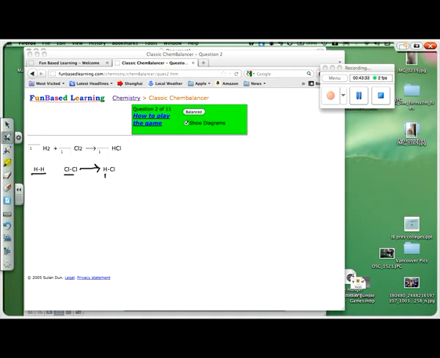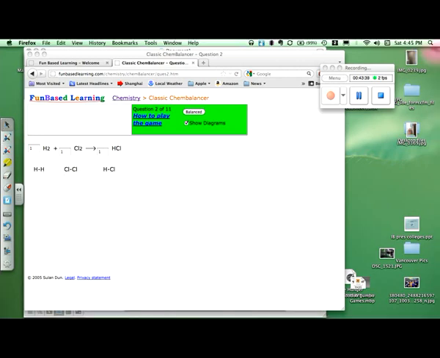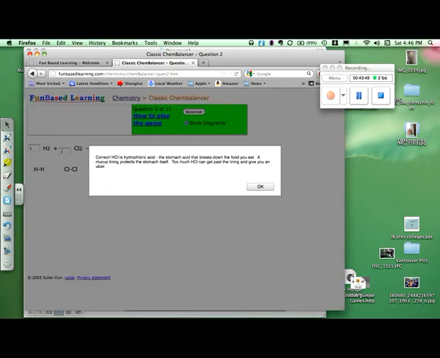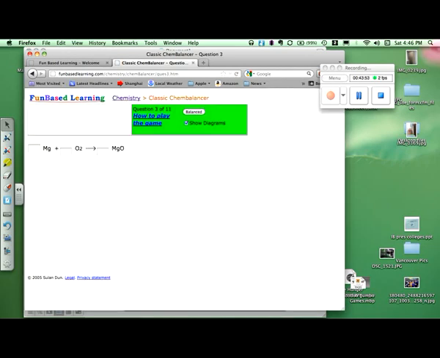I see 2 chlorines on this side, but I only see 1 here. So I am going to have to change my coefficient in front of HCl to 2, and then I get the 2 hydrogens that I need and the 2 chlorines. Then click balanced, and it tells you that you're correct, and then it leads you to another one.